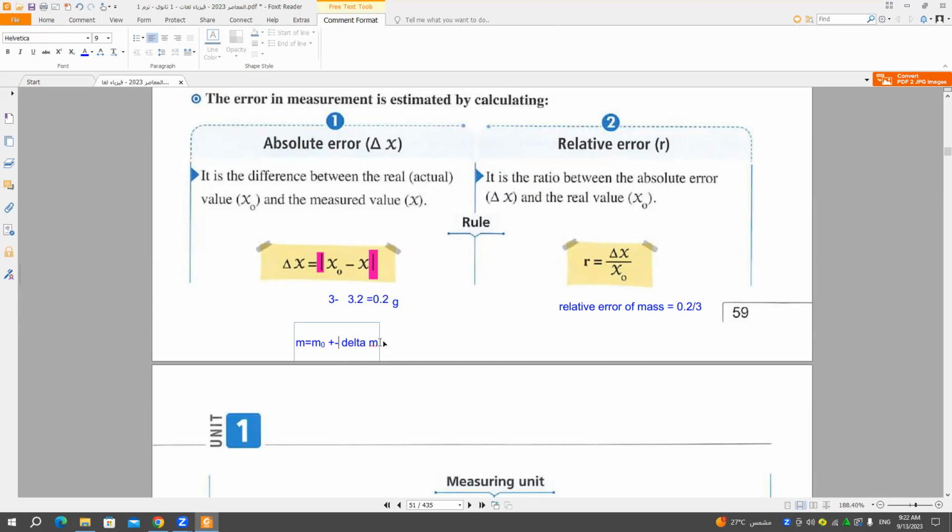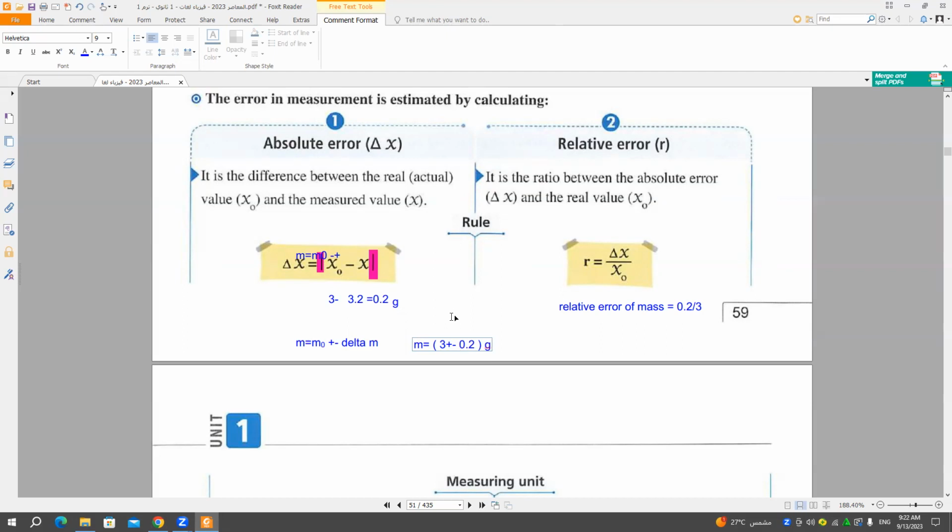To write this, m, the real value of the ring, equals 3 gram plus or minus 0.2. So the physical quantity must be written as follows: m, the mass, equals the real value 3 plus or minus 0.2, and its measuring unit is gram.